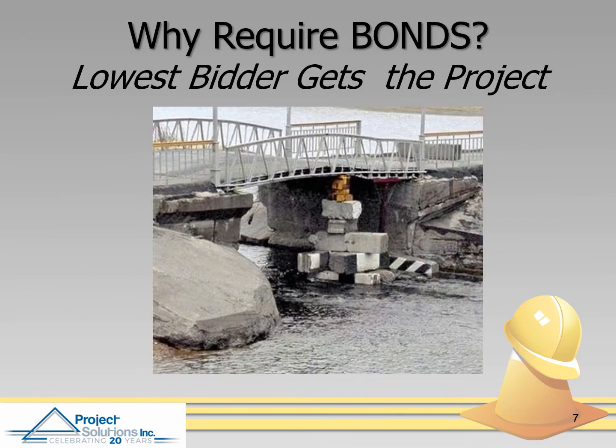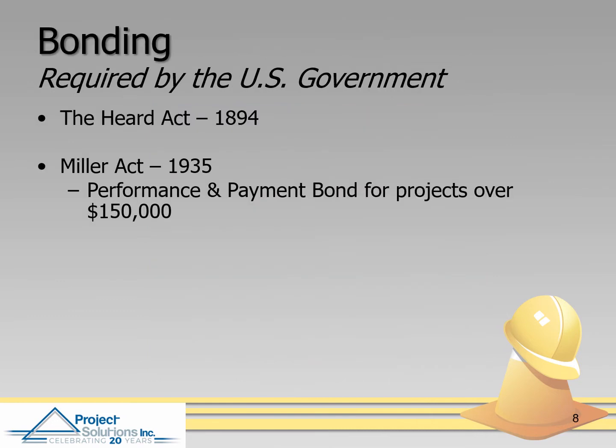Why are bonds required? Well, the lowest bidder gets the project, and this is a scary way to hold up a bridge, right? So we need to make sure that the contractor has the means and resources to successfully complete the project. It's required by all government projects.